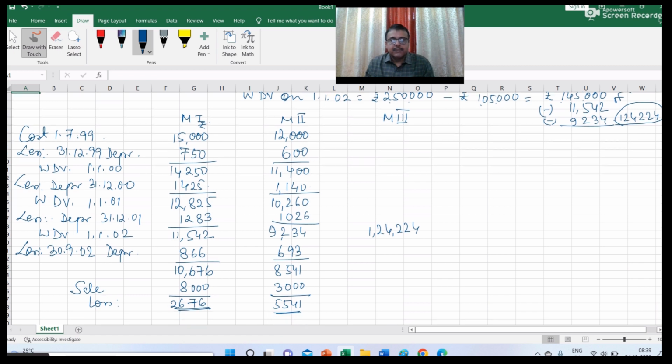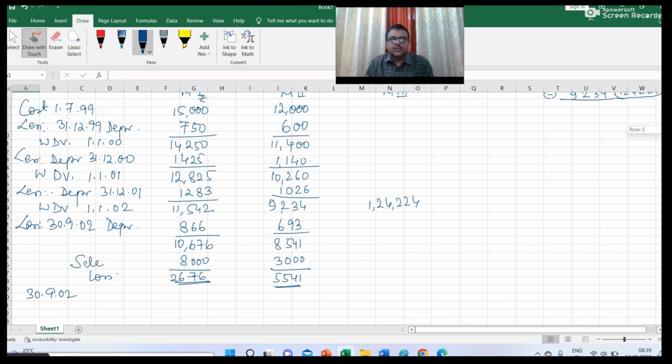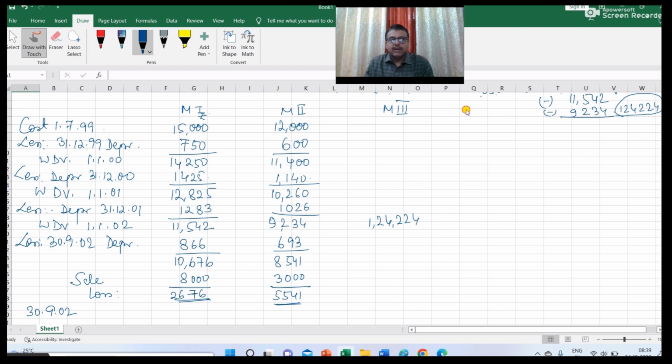Now on the same day, that is on the date of sale, that is on 30th September 2002, two new machines were purchased. So I have to write it here as M4 and M5.